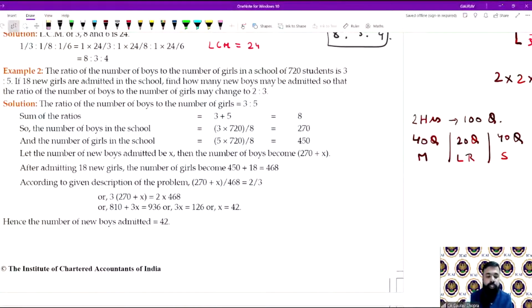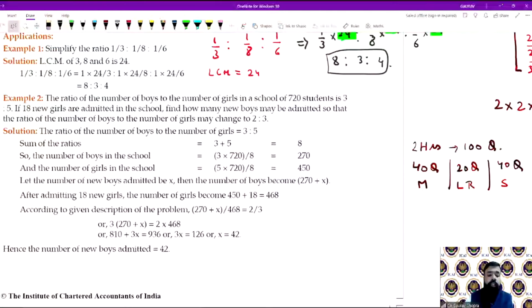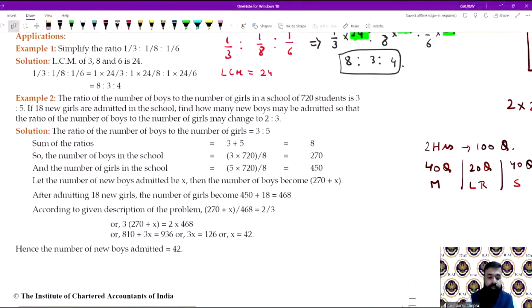Now, moving towards the next one, example number 2. Now, this is a bit interesting one, a challenging question. So let us read this. The ratio of the number of boys to the number of girls in a school of 720 students is 3:5.